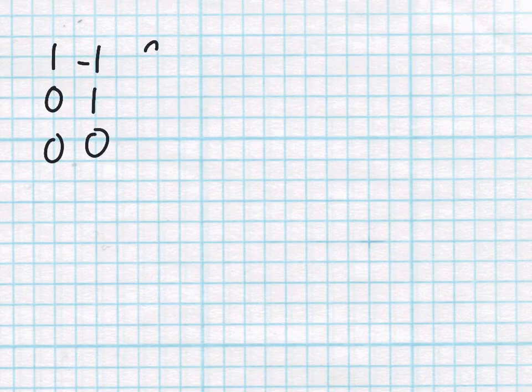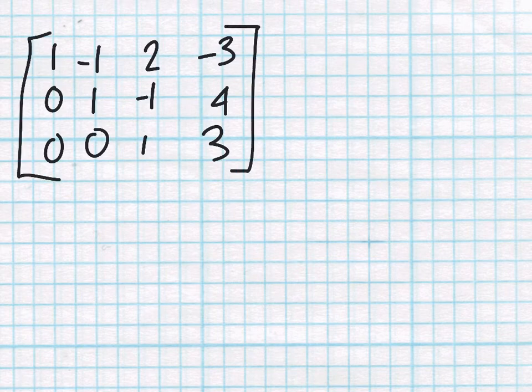Okay, so if we look back to this final form that we had, it was 1, 0, 0, negative 1, 1, 0, 2, negative 1, 1, negative 3, 4, 3. So here's our augmented matrix. Now our goal with this one is to have our last part be numbers.